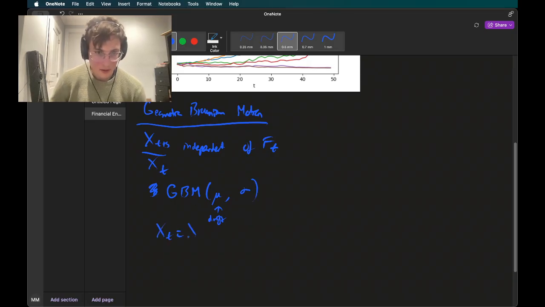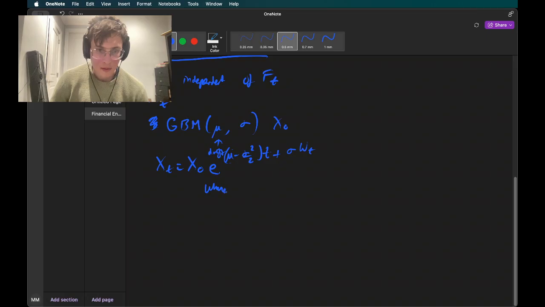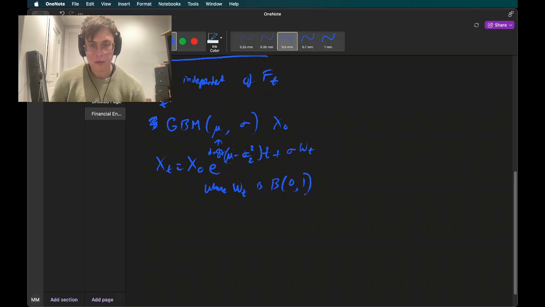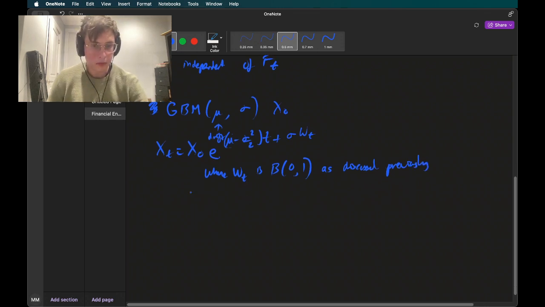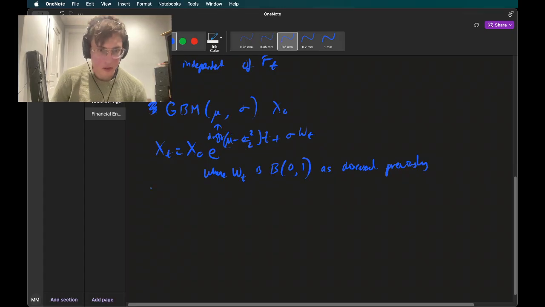X_t is X_0, the initial value, multiplied by e to the power of (mu minus sigma squared over 2) times t plus sigma W_t, where W_t is the standard Brownian motion with mean 0 and variance 1, as discussed in the previous lecture.